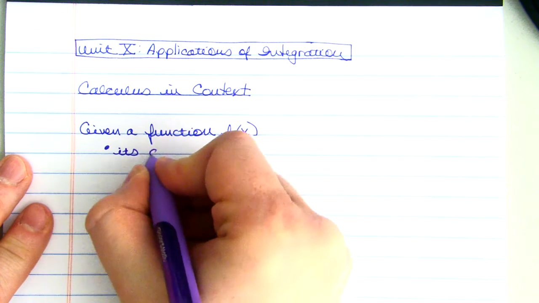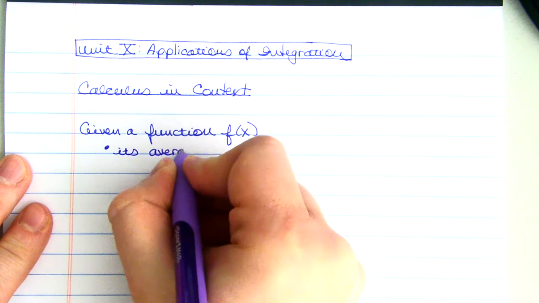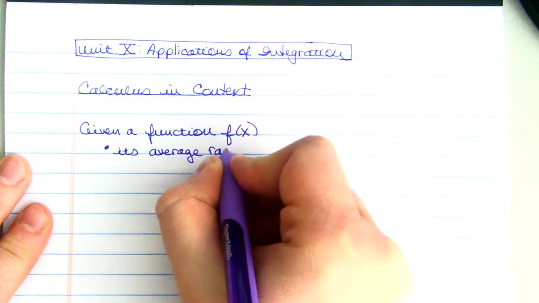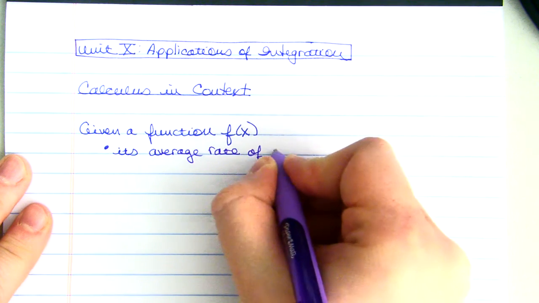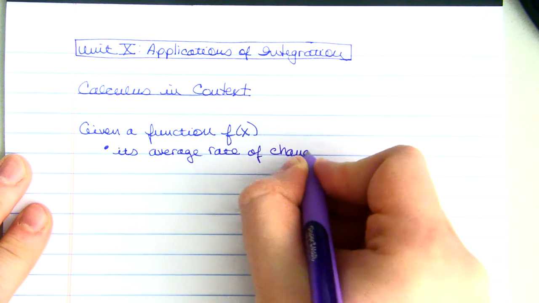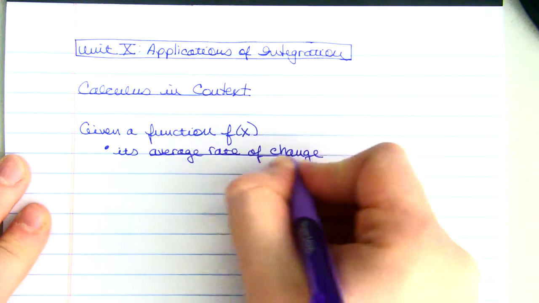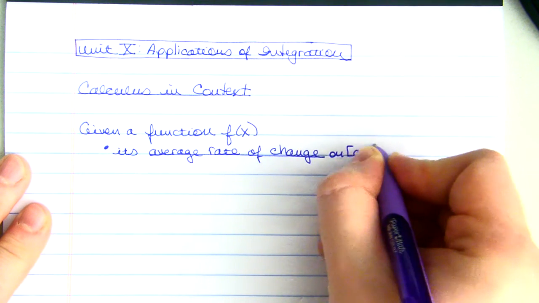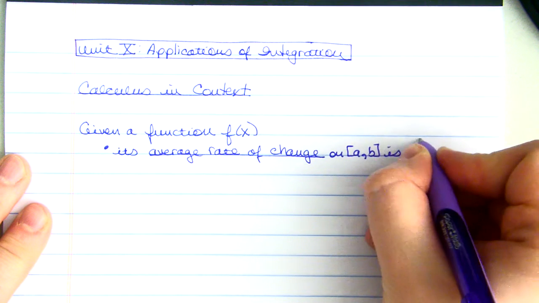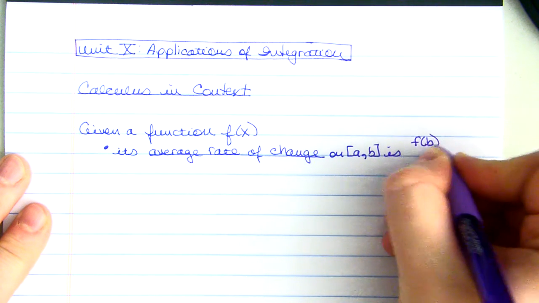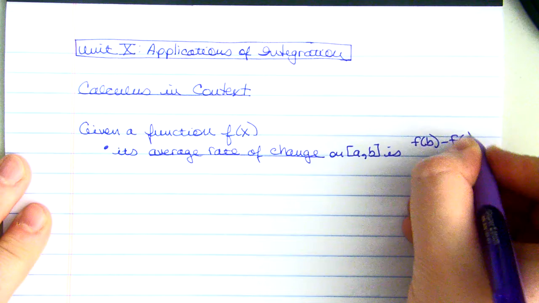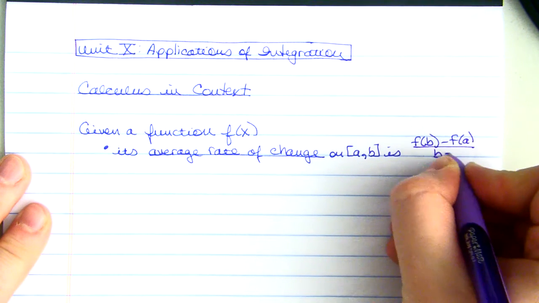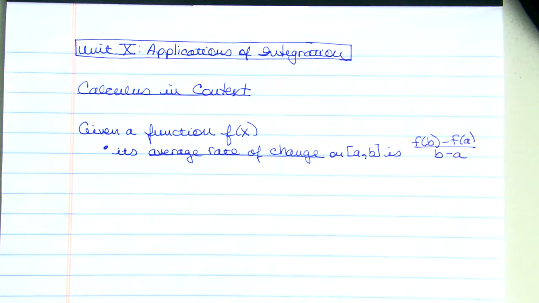Given a function, its average rate of change on the interval from a to b is given by, and we've seen this formula several times this year, f of b minus f of a over b minus a, our average rate of change, our average slope.